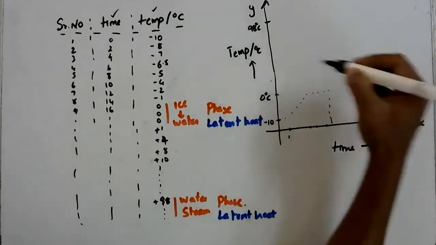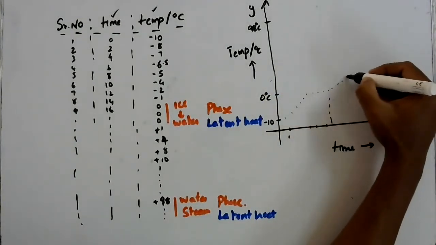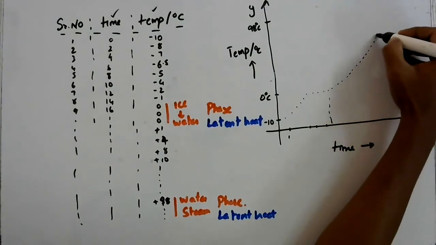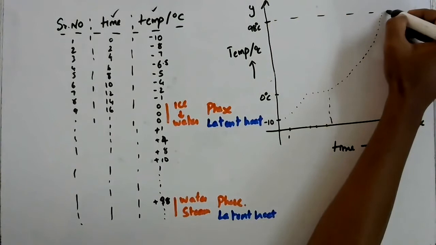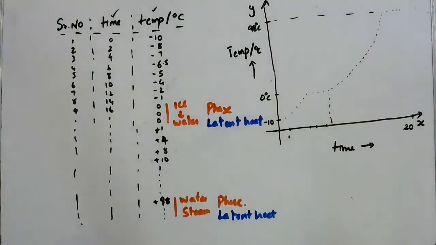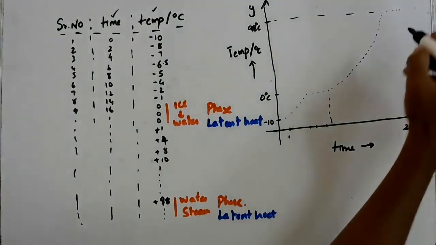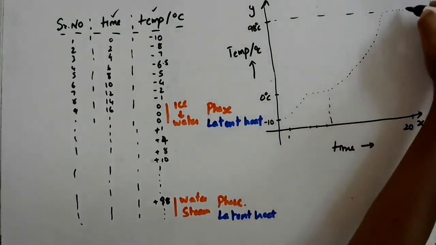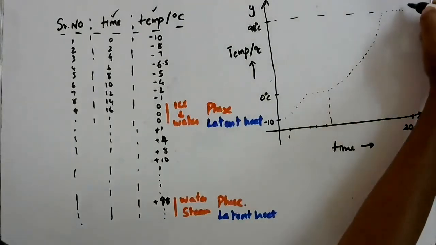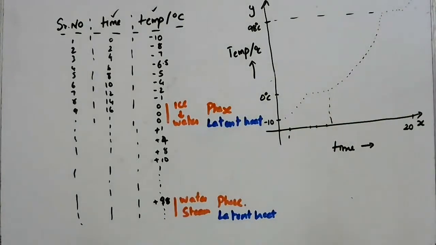Then since you are continuing to heat it up, the temperature will rise further until it gets to around 98 degrees Celsius, and then there will be a few values in which again it will plateau out. And then if you are able to, and generally we are not able to do this, that is when it gets converted into steam, then the temperature should rise again.